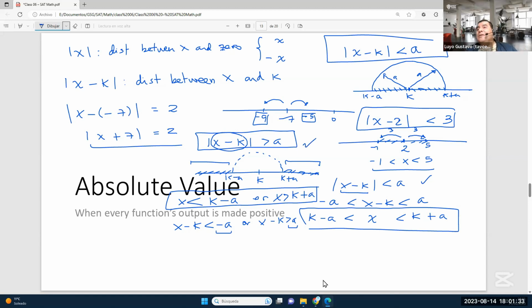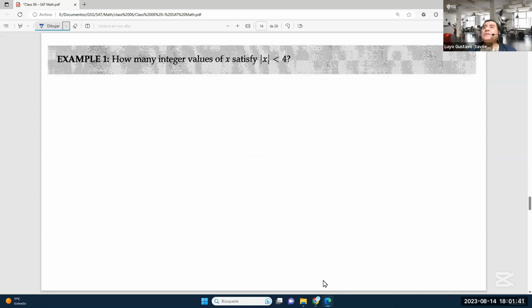So let's see what kind of questions you're supposed to deal with. Functions with absolute value. How many integer values of x satisfy absolute value of x less than 4? So now you can see how to open this. Can you try? Okay. Please do. Let's see the answer.